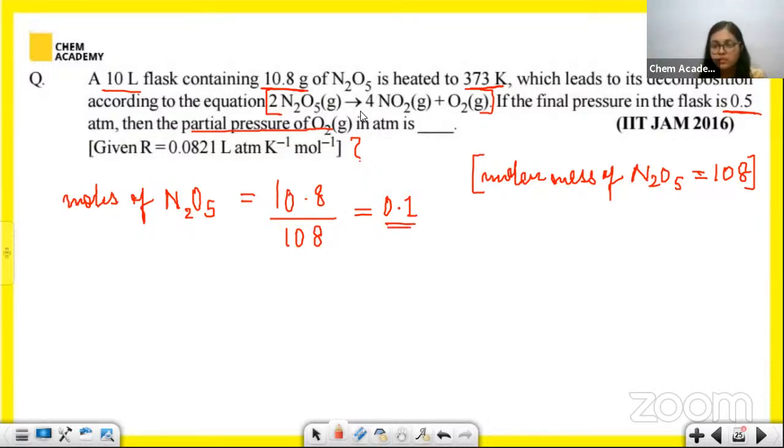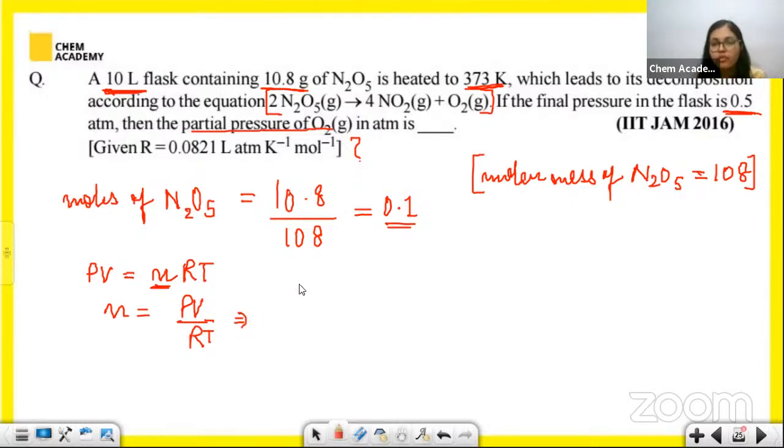Now, here we have been given the final pressure, temperature, and we also have volume. So we can also easily calculate the total number of moles. What is the ideal gas equation? We know that the ideal gas equation is PV equals nRT. From this equation, we can easily calculate the total number of moles. So n will come out to be PV by RT.